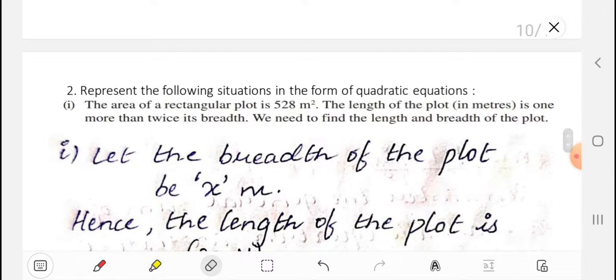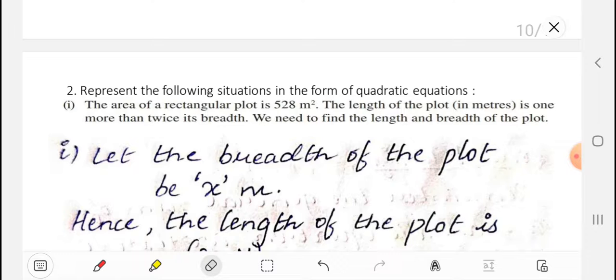This is the first way of reading. Second way of reading: the area of the rectangular plot is 528 meters square. The length of the plot in meters is 1 more than twice its breadth. We need to find the length and breadth of the plot. Third time, while you're reading, take a pen and paper and note down the details.